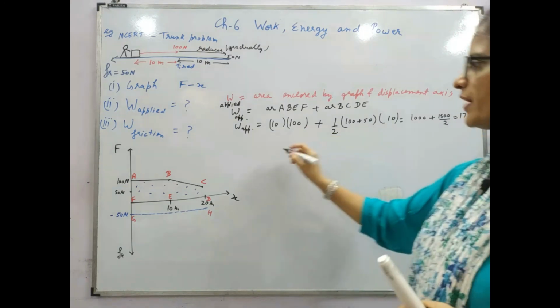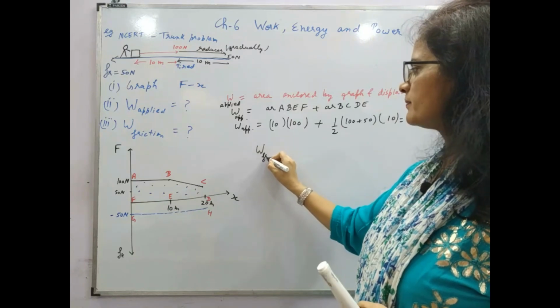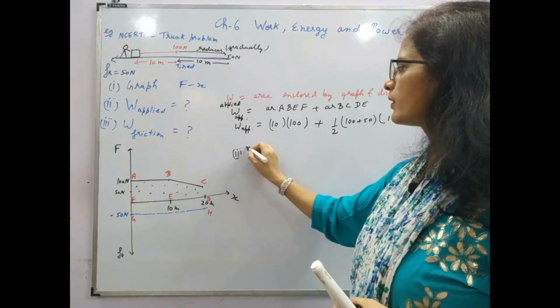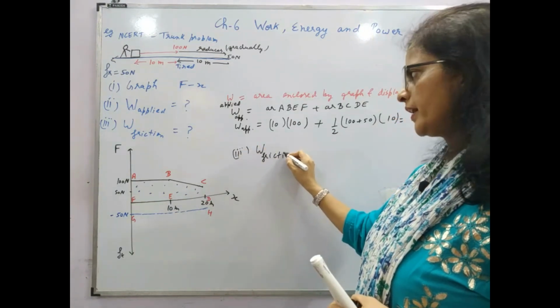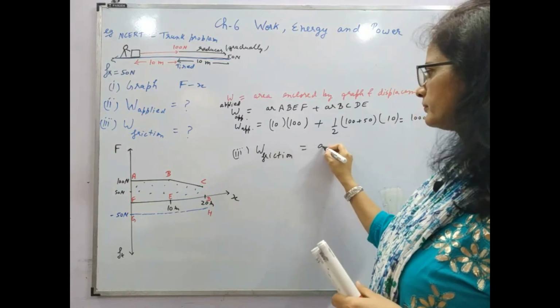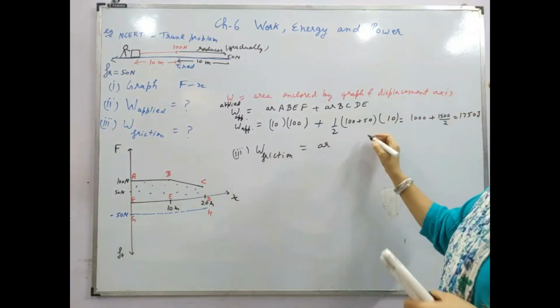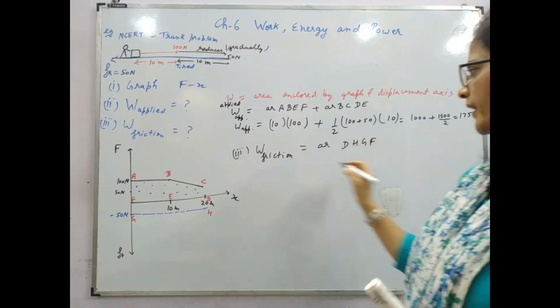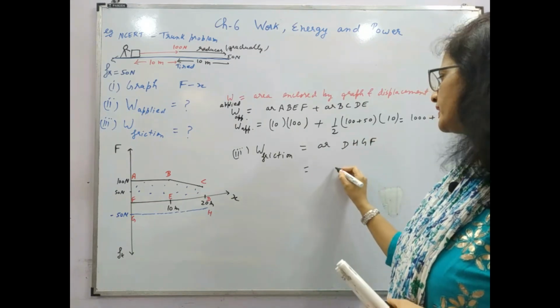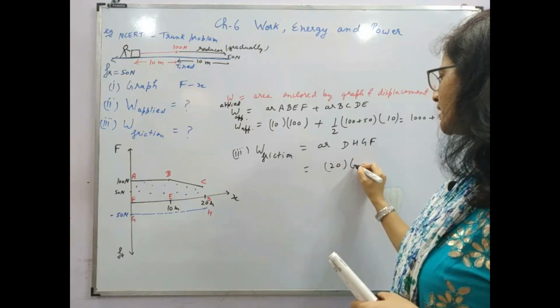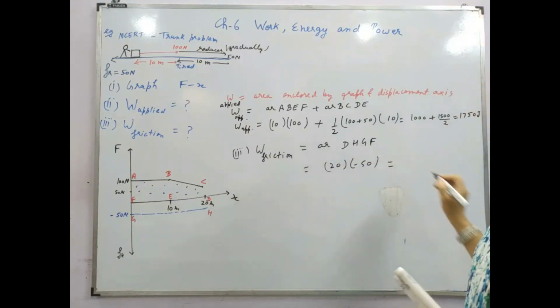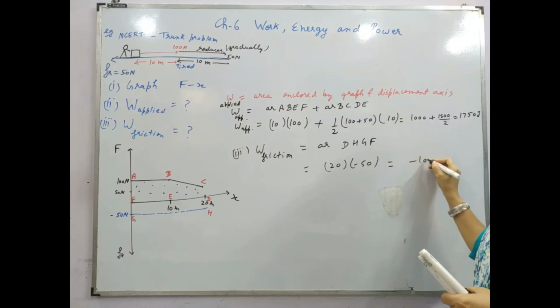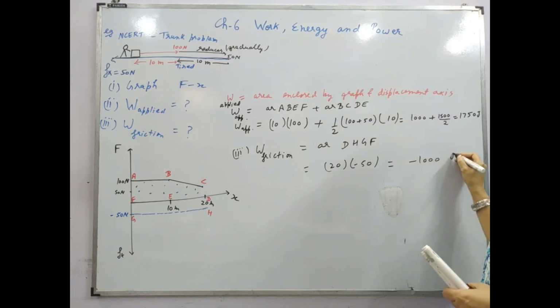joules. Now if I want to find the work by friction, again the area enclosed. So what will be the area? DHGF. This is a rectangle. So what is the length? Length is 20 and breadth is minus 50. So how much is it? Minus 1000 joules.